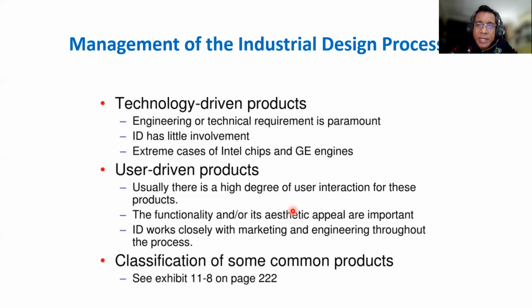So the role of the engineer is still important, still there in development of the office chair to determine the size, the technical features inside the product. But since the product is user-driven, they need to involve more the ID designer to design a more comfortable chair, more ergonomic chairs. So they focus on this ergonomic aspect or aesthetic value of the product. Okay.